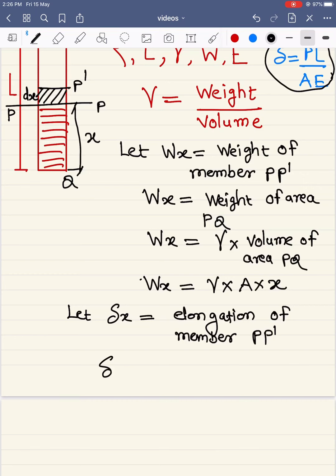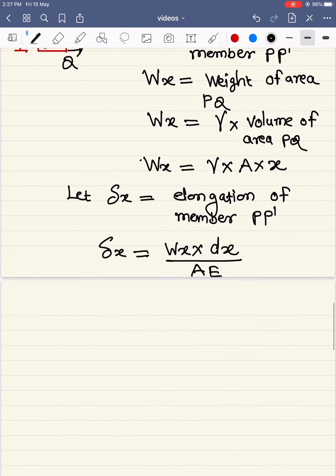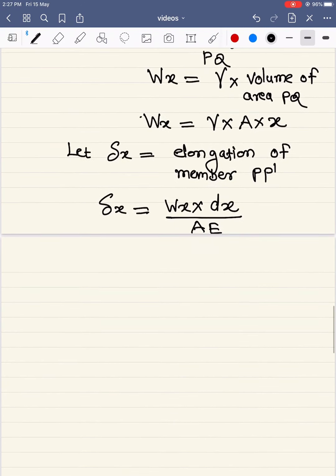So I can write delta x is equal to P, the load, which here is Wx, into L, the length of the member PP dash, which is dx, divided by A. So delta x is equal to Wx into dx divided by A.